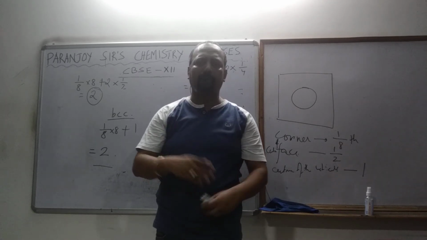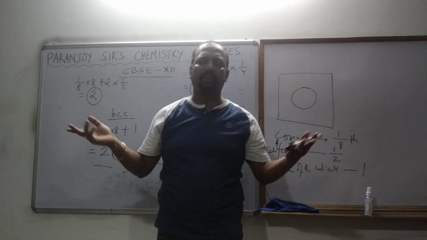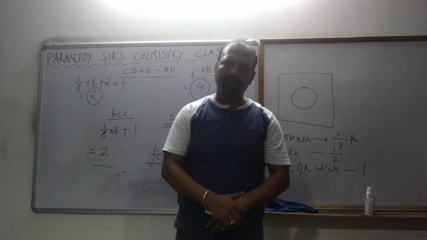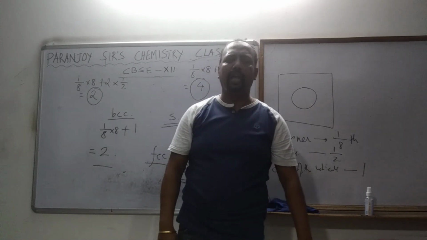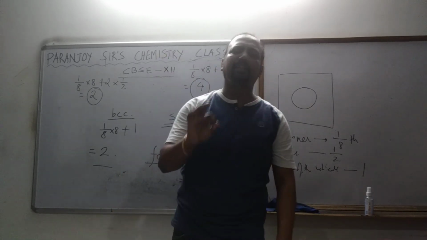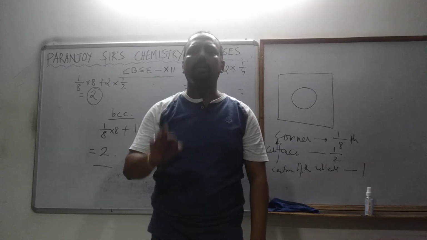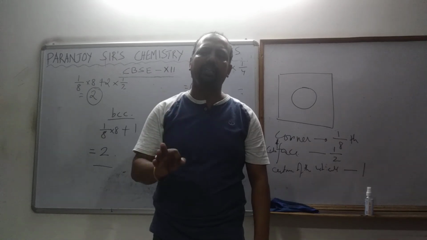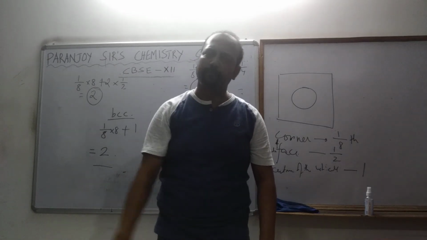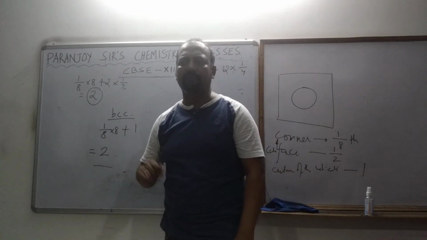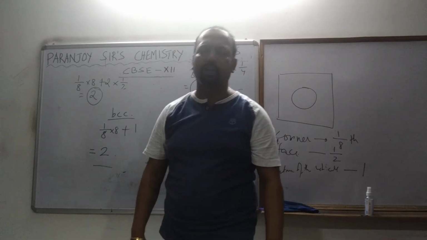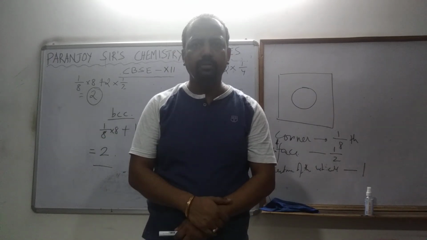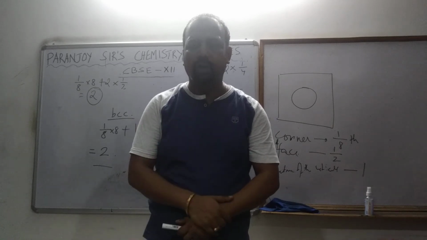With this concept, we can find the effective number of lattice points present in any cubic unit cell. Suppose someone asks: what is the effective number of lattice points in a unit cell where the lattice points are present at 8 corners and 4 faces? 8 corners means 1/8 into 8, and 4 faces means 4 into 1/2.